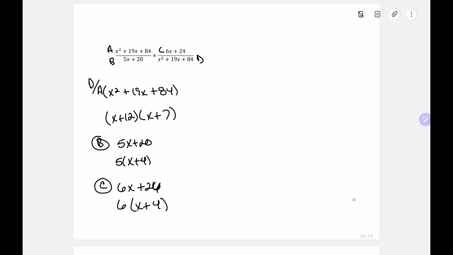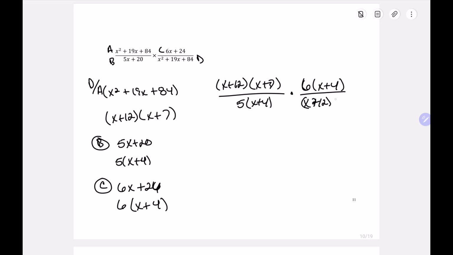If we rewrite it out so we can keep ourselves organized, we have x plus 12, x plus 7, all over 5 times x plus 4, times 6 times x plus 4, all over x plus 12, x plus 7.